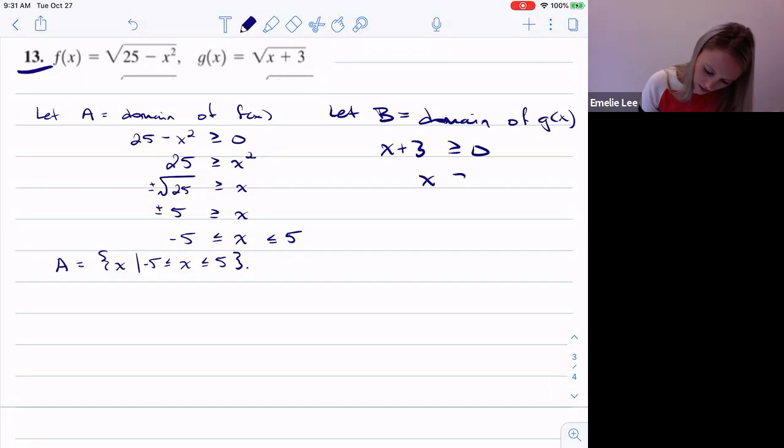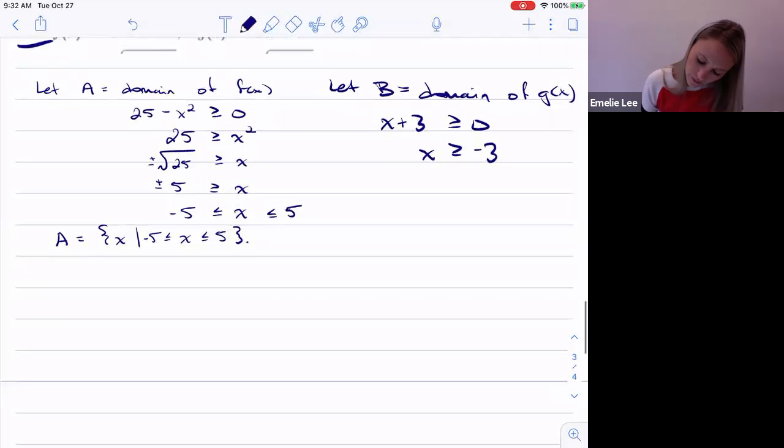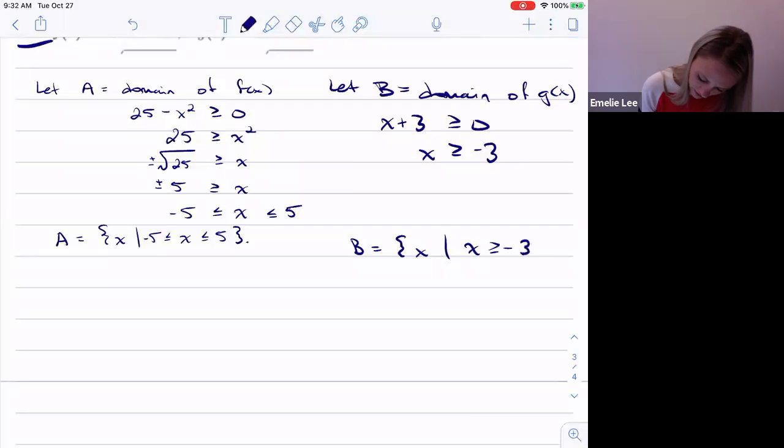So x must be greater than or equal to negative 3. That one's easier to handle. So B is the set of x's such that x is greater than or equal to negative 3.